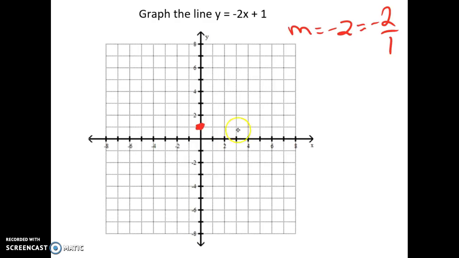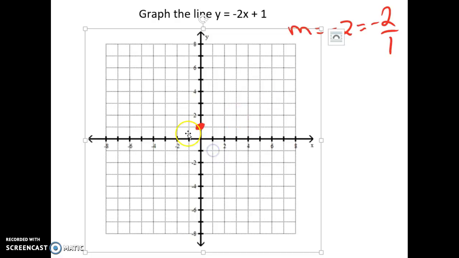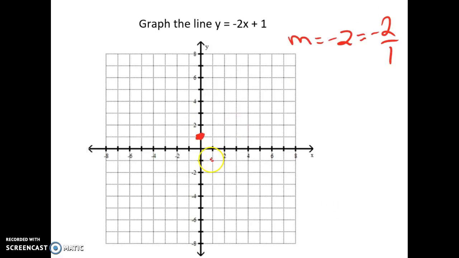From the plotted y-intercept point, 0, 1, we need to rise down 2 units and run right 1 unit. When we make these moves, we land at another point on the line. In this case, we land at 1, negative 1.